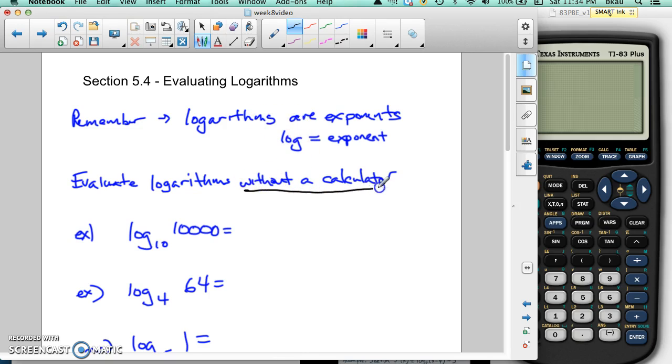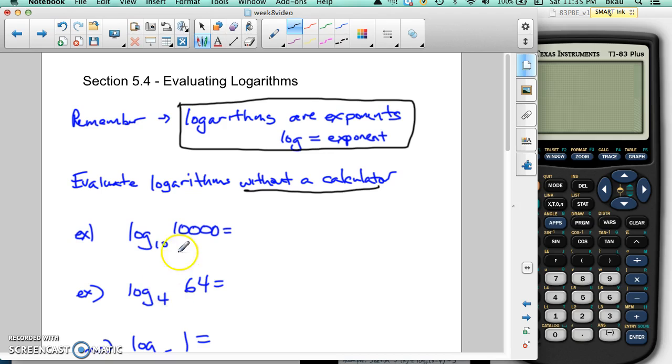Without a calculator, we're going to use the information that logarithms are exponents. That means a log equals an exponent. So when I'm figuring out a problem, I'm looking for the exponent. On this first example, log base 10 of 10,000, I'm asking what exponent on base 10 gives 10,000.